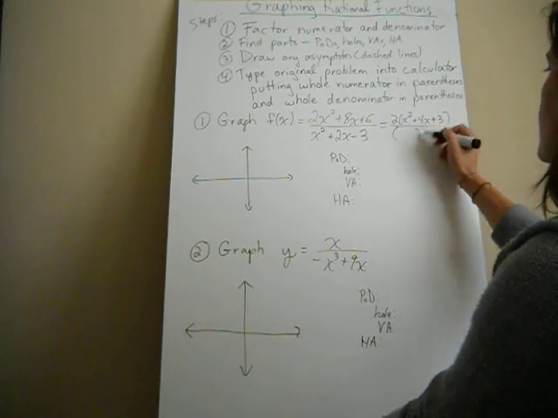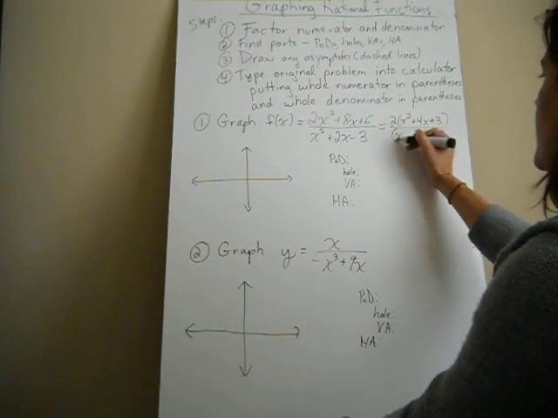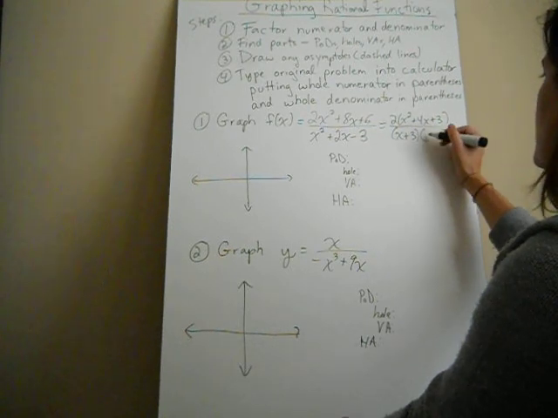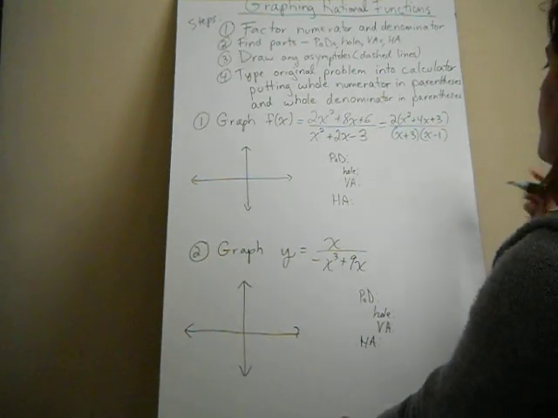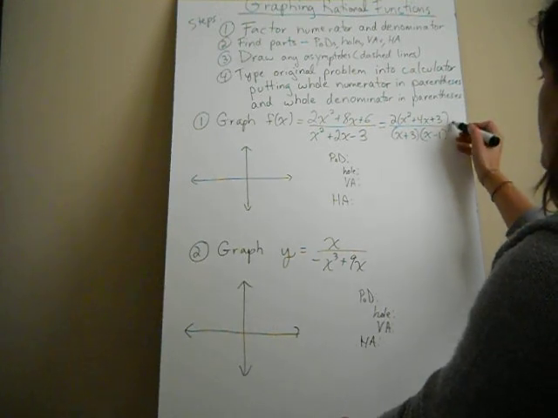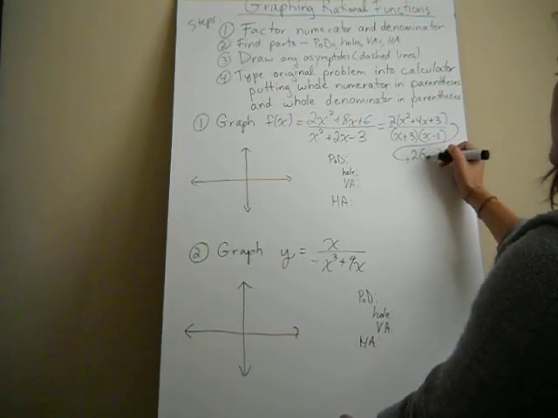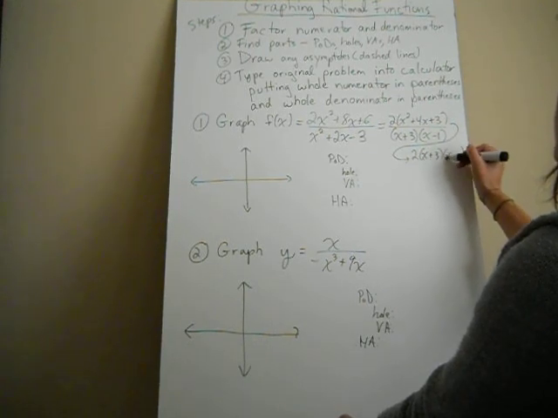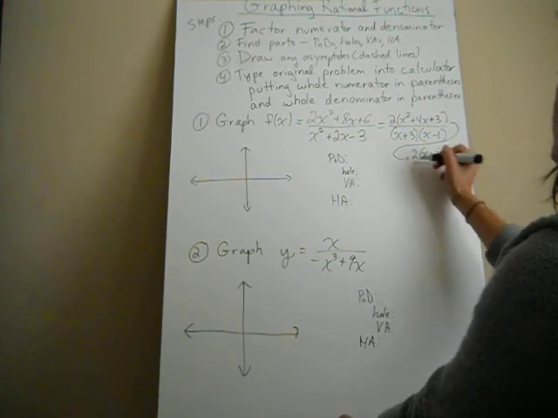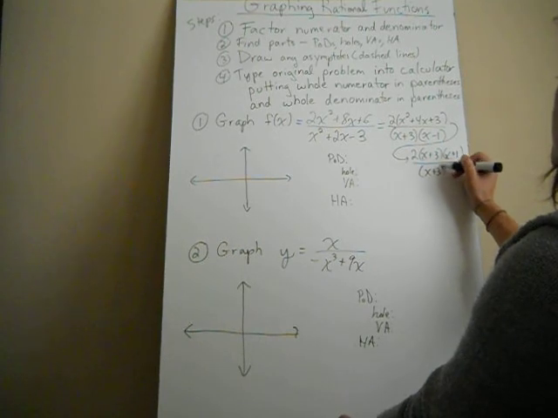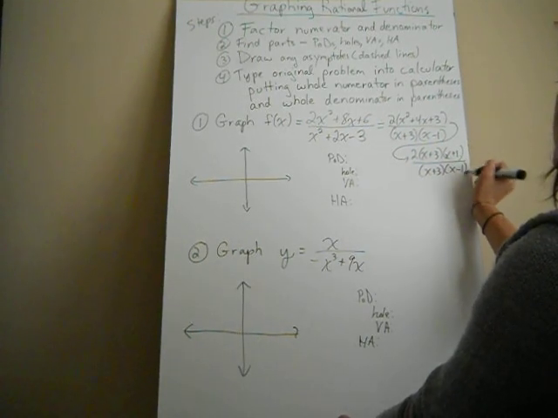And your denominator, just doing an x box quickly in my head, that's x plus 3, x minus 1. And we do need to further factor that numerator. So that is 2 times x plus 3, x plus 1 over x plus 3, x minus 1.